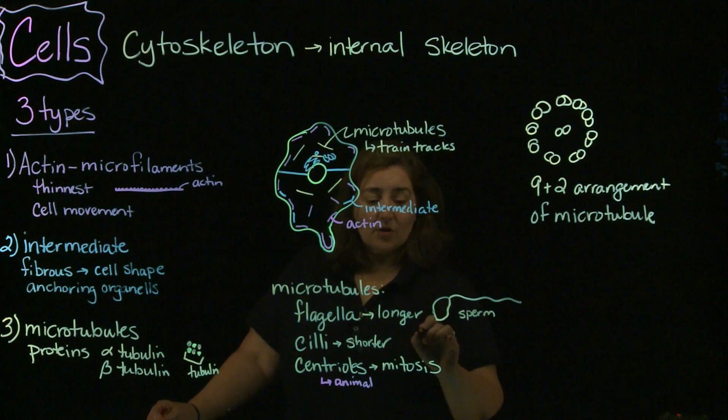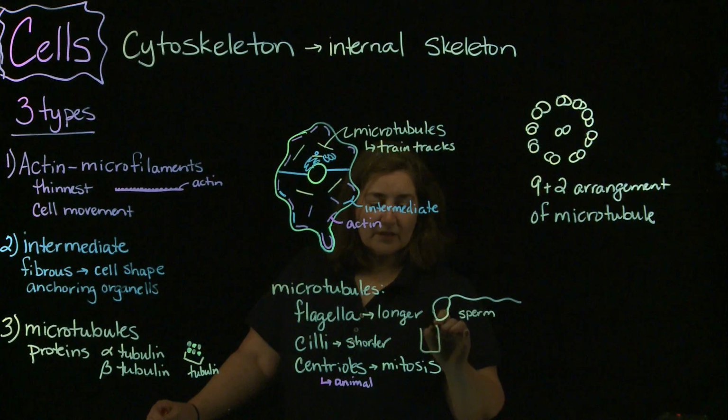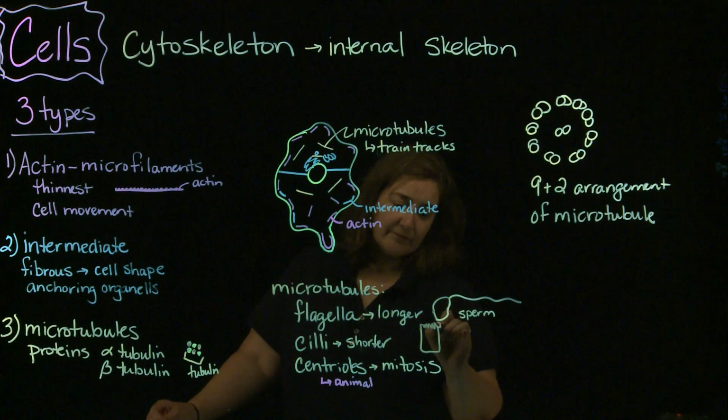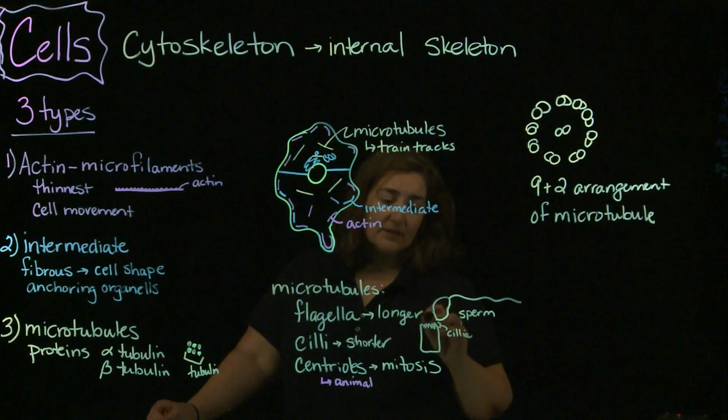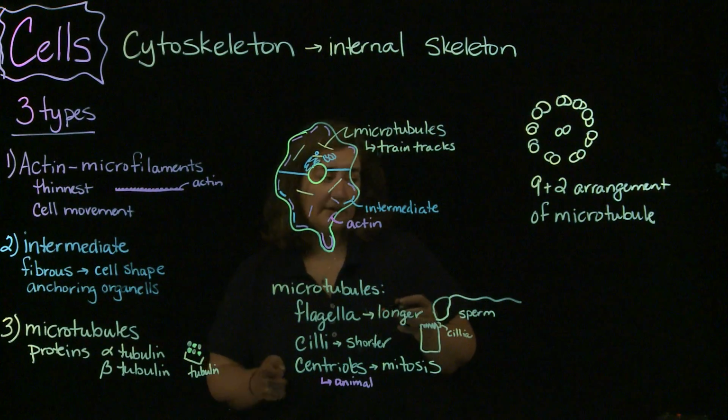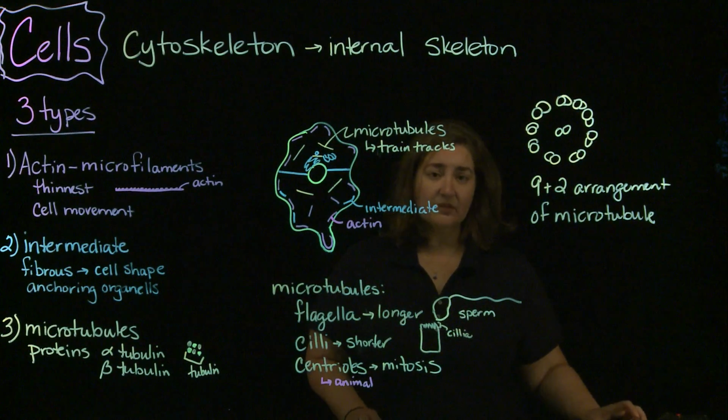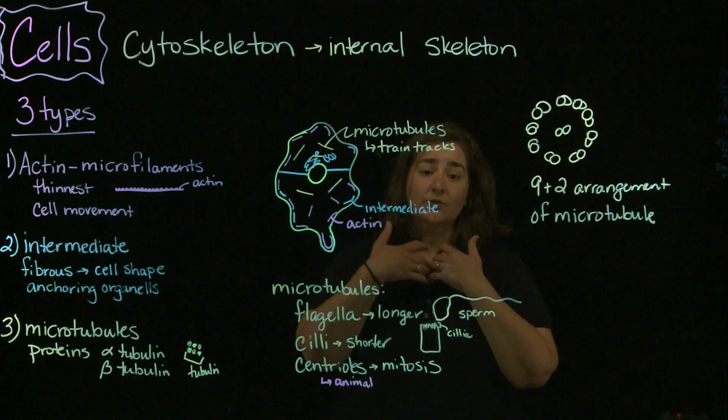All right. Whereas cilia are going to be kind of just short projections off of, say, one end of a cell. All right. And you're going to find ciliated cells lining things like the respiratory tracts.